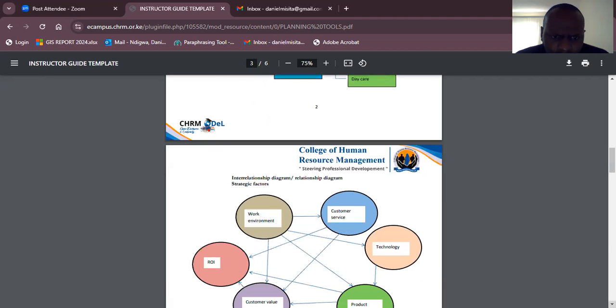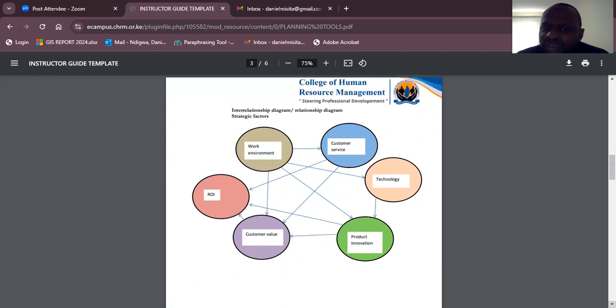Then you also have the other one, which is, let me see. We have interrelationship diagrams. This is a diagram that shows various relationships and how different activities can correlate and relate to each other. For example, as you can see, we have different relationships where we have the work environment here, which is related to product innovation, and which is also related to customer service, also related to technology, and also can be related to customer value and others.